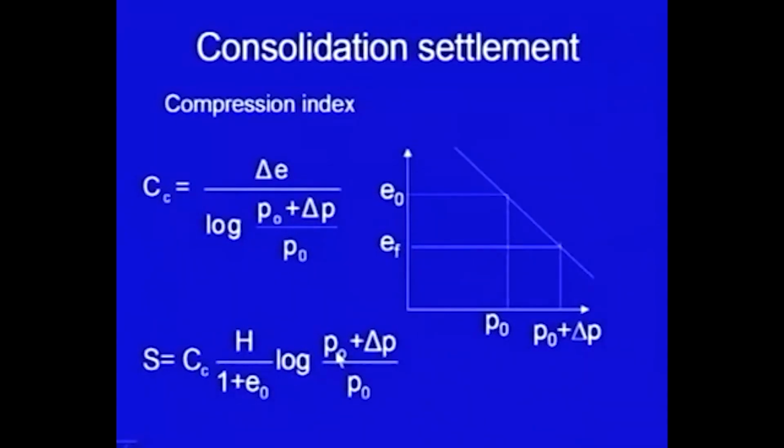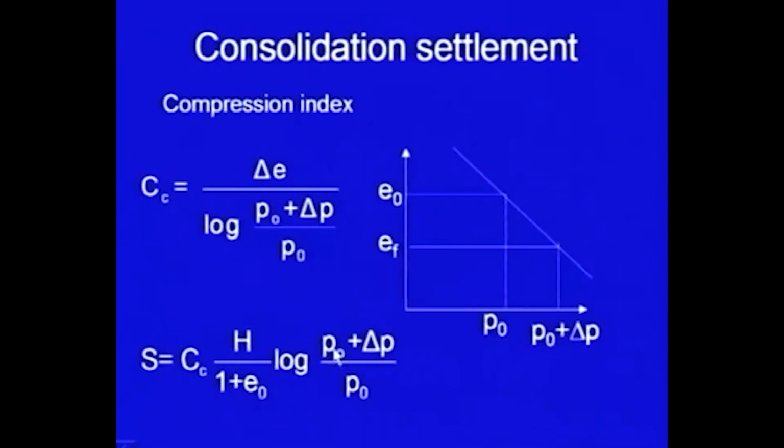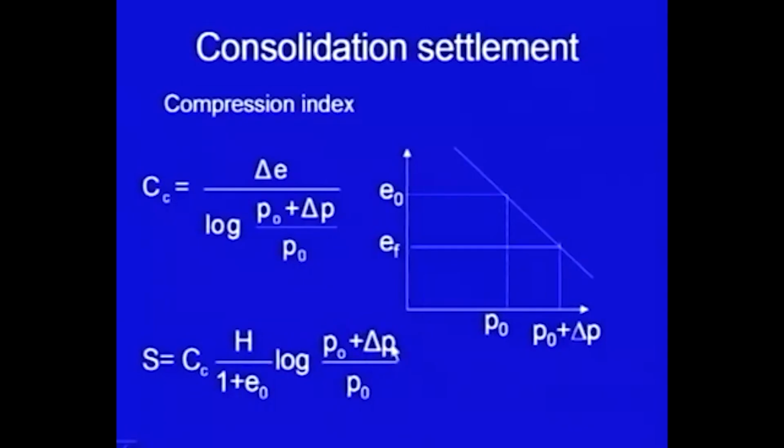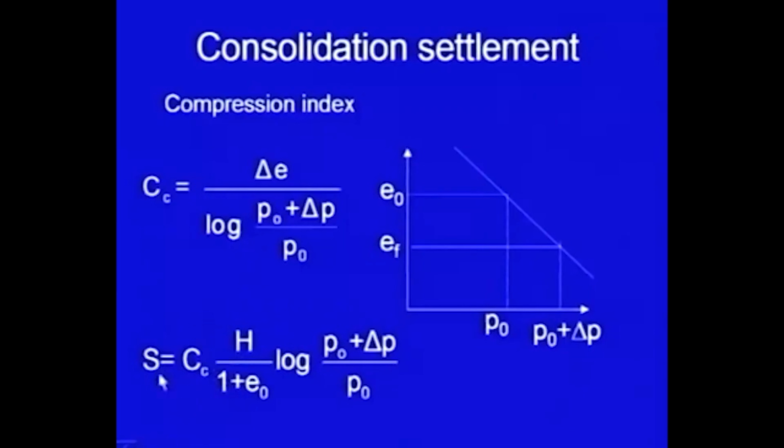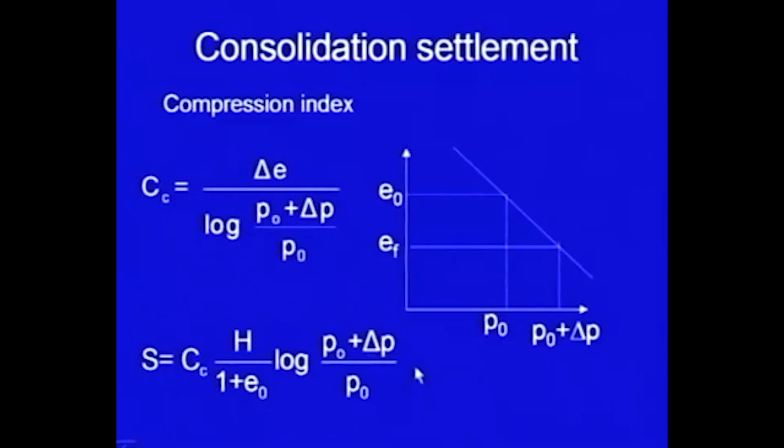P 0 is the initial effective pressure when there was no building and the settlement was only because of the soil. Delta P is the incremental pressure because of the surcharge or the building. Log of this multiplied by this gives you the settlement of the particular layer.